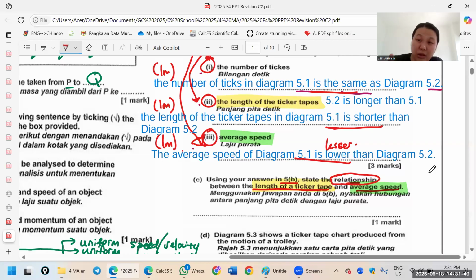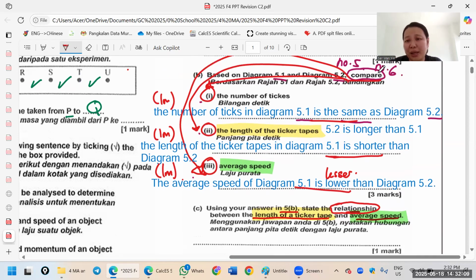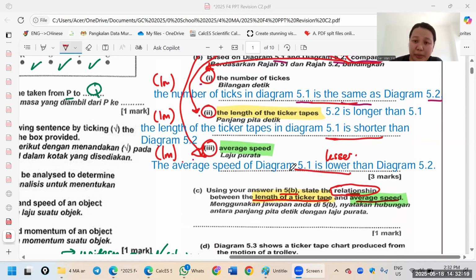So you do not mess up the compare and relationship. I know some of you already get, but every time after exam, when I mark, I still feel so wasted. Why do you answer relationship in compare? Okay, directly proportional can, but I encourage you to do this like relationship.